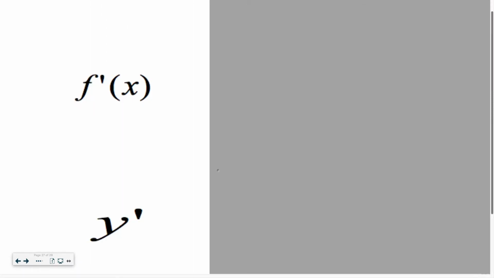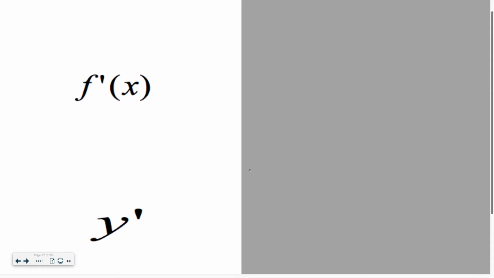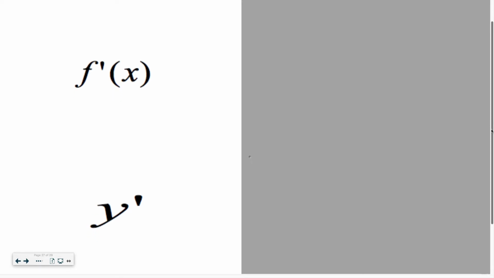If you have f, I would write f prime of x. If you have y, you can write y prime. Those both mean the same thing. Both mean derivative.